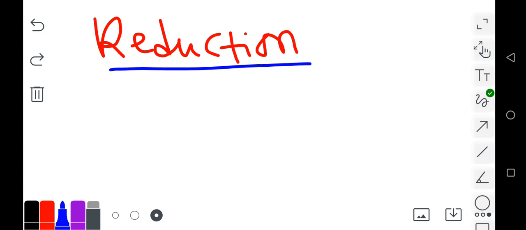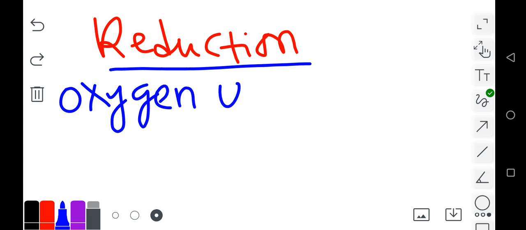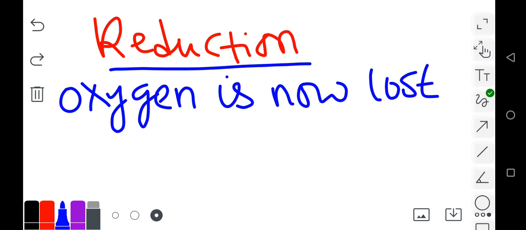Let's see in terms of a simple analogy, understanding oxygen. Oxygen is now lost. Therefore, the loss of oxygen from a substance is what is called reduction.